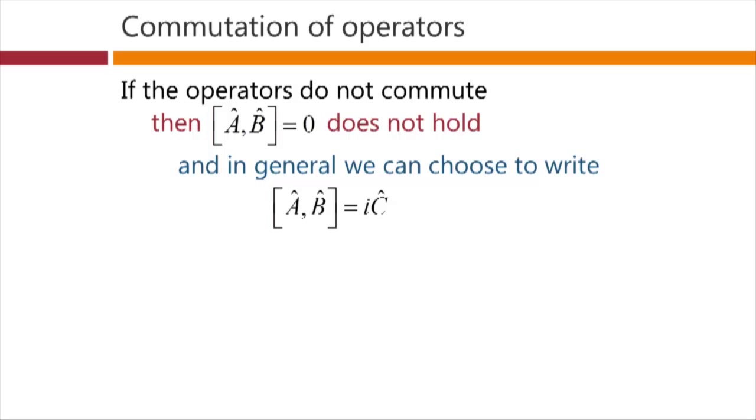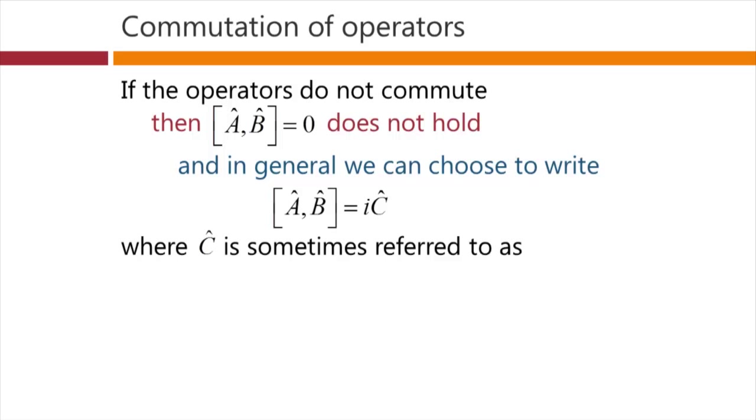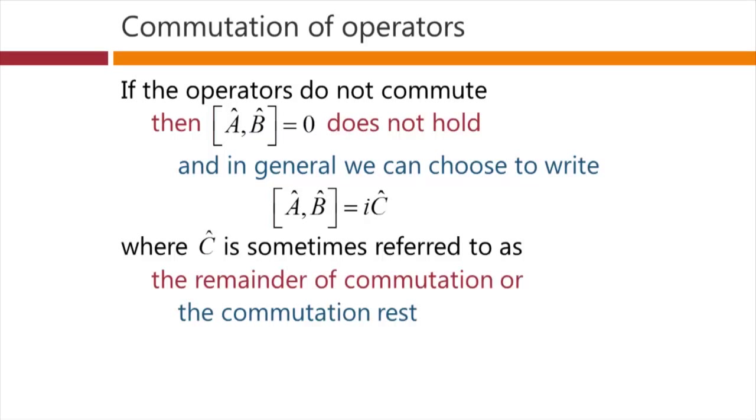So if the commutator of A and B is not equal to 0, we have to say it's equal to something, and we'll say that it's equal to I times C. And we sometimes refer to this operator, C, as the remainder of commutation, or what we could call the commutation rest.